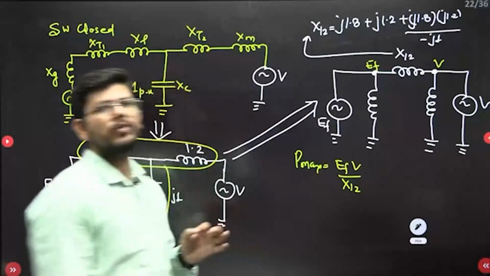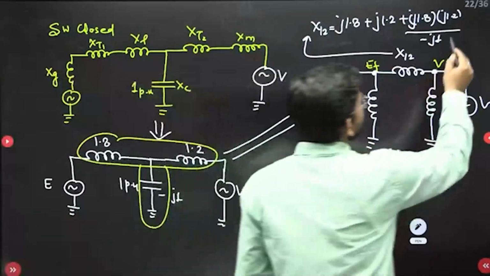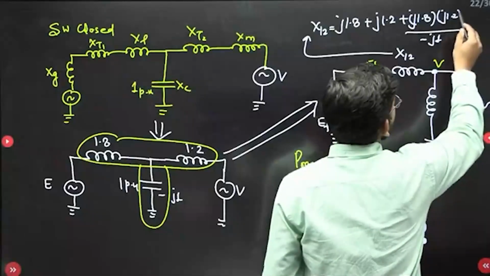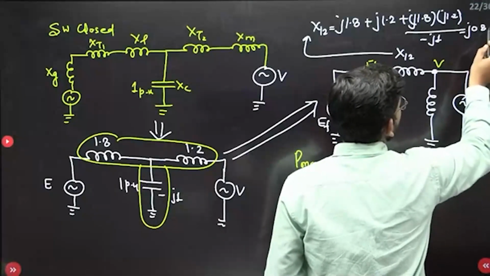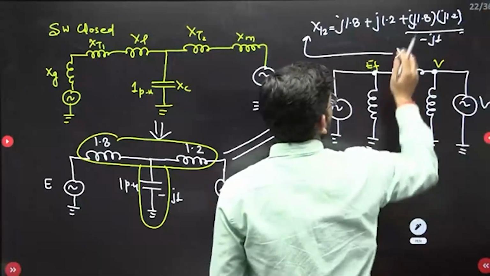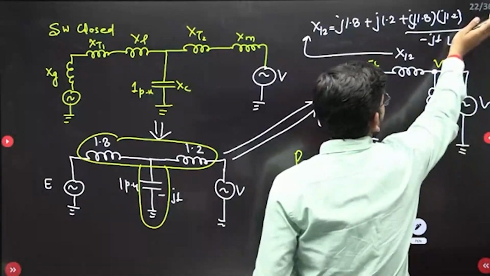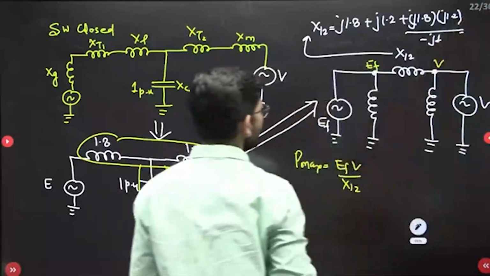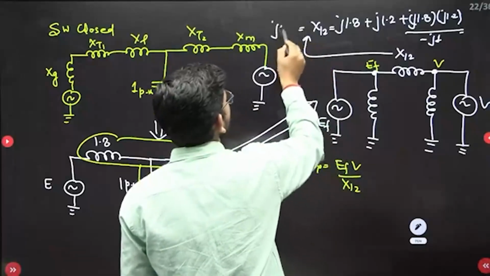This is what you will do, and you will get the value of X12, which comes out to be j0.84. So X12 that we are getting is equal to j0.84.